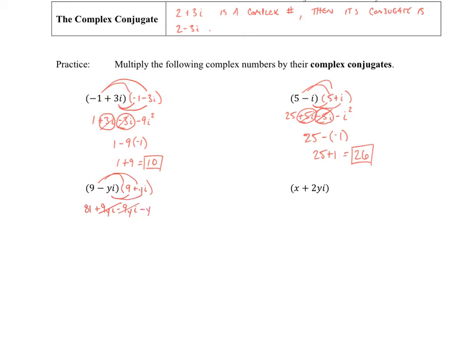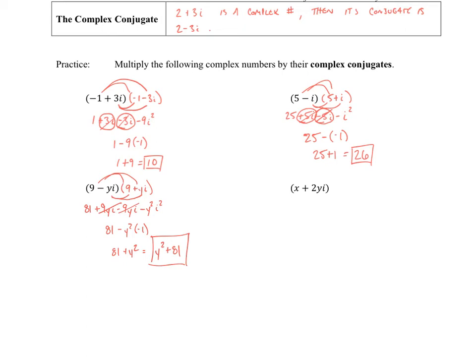Negative y squared i squared. So now I have 81 minus y squared times negative 1, which is 81 plus y squared, and I would always rather write that as y squared plus 81. And notice, no imaginary terms. This is very real. There's nothing about it that's imaginary anymore because you multiplied by the complex conjugate.